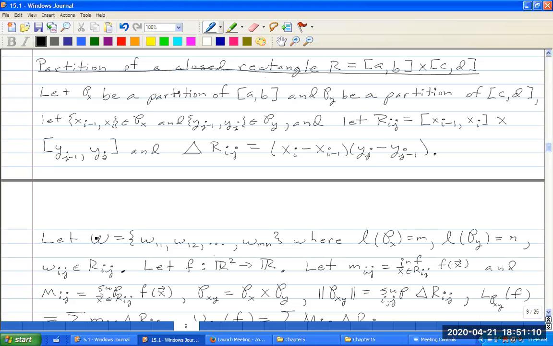Let w equal w sub 1 1, w sub 1 2, ... w sub mn, where the number of subintervals in the partition of x is m, and the number of subintervals in the partition of y is n, where each of these w sub ij is in the ijth rectangle.